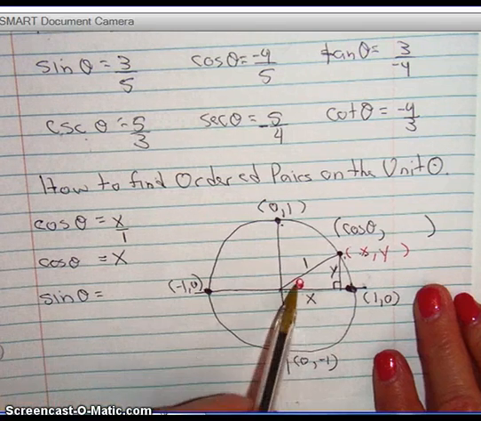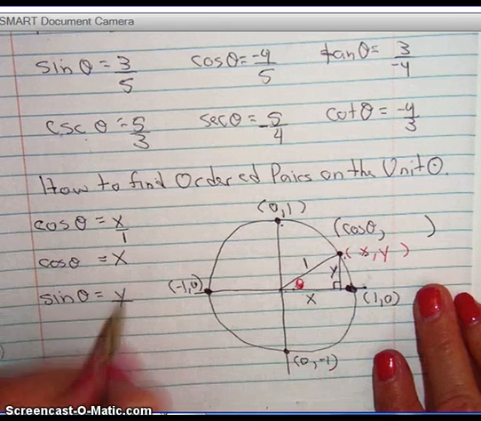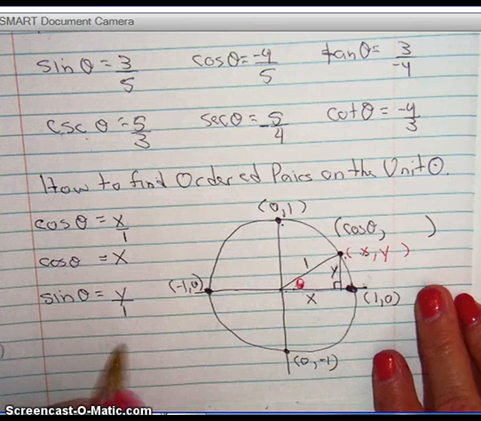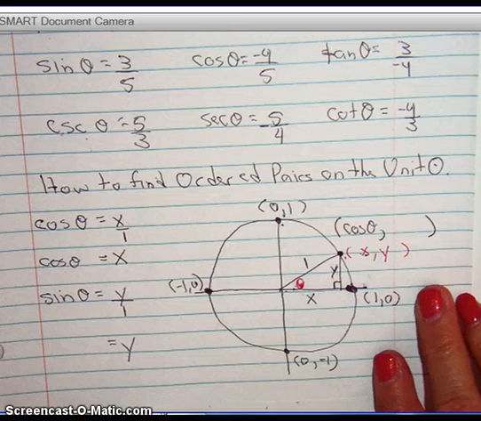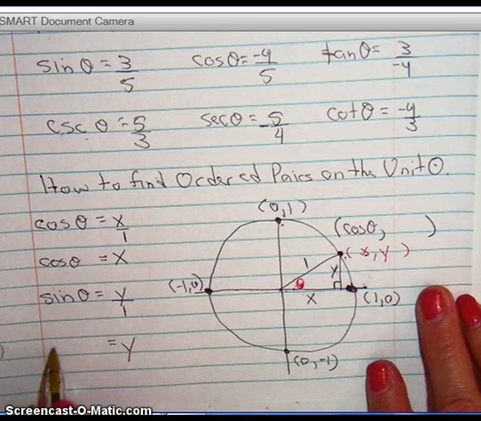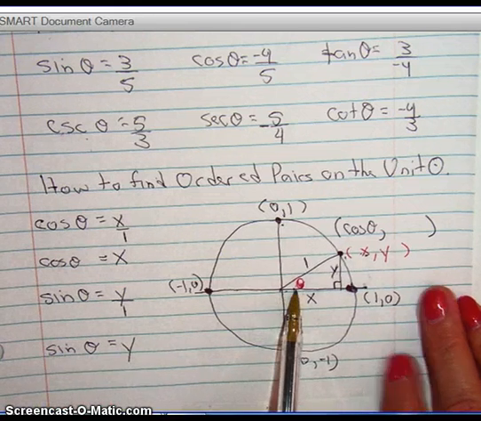Sine of theta is opposite over hypotenuse. Now, isn't y over 1 just y? So guess what? We found out that every y value on the unit circle is sine of whatever that theta angle is.